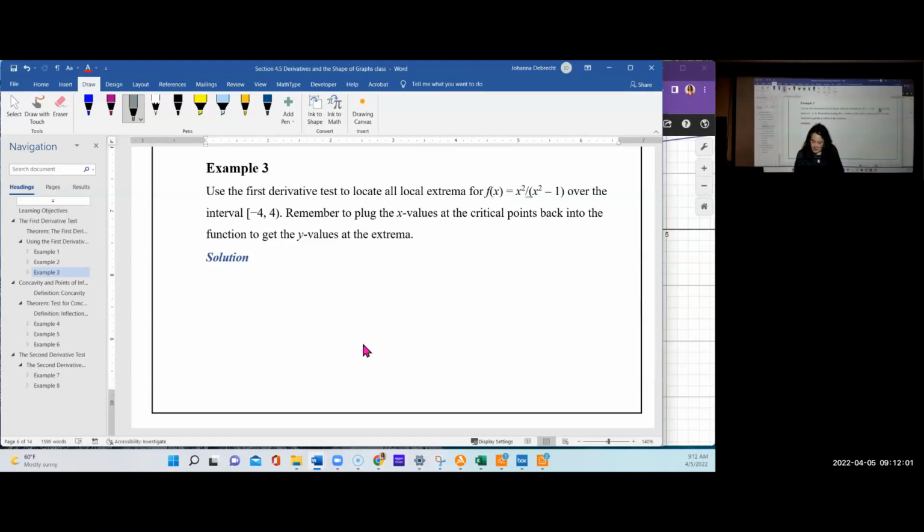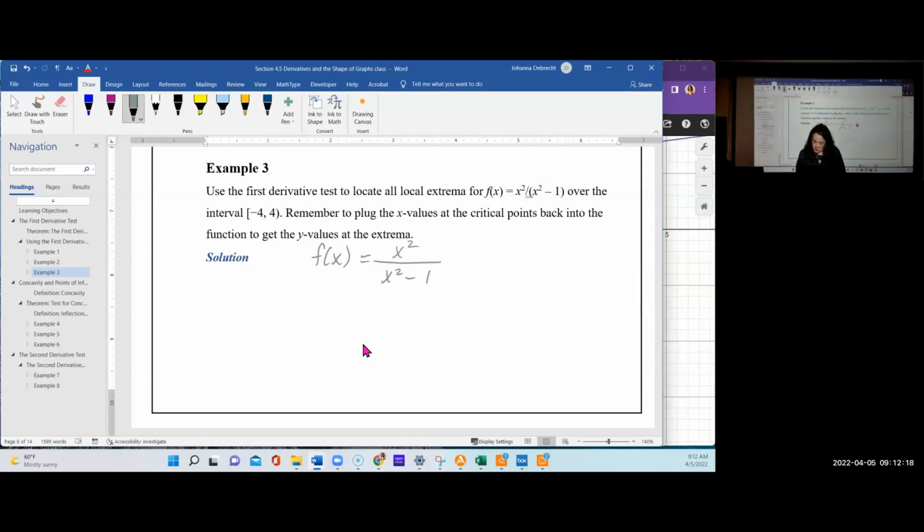So again, we're looking at our function. So I'm going to rewrite the function here: x squared over x squared minus 1. Now, if we look at this one, we need to think about what the domain is because we're preparing for a type 2.